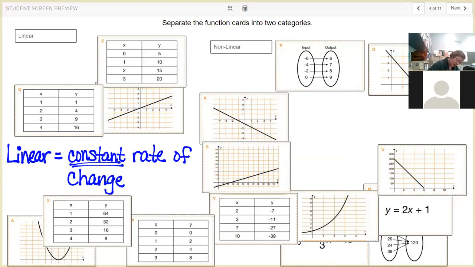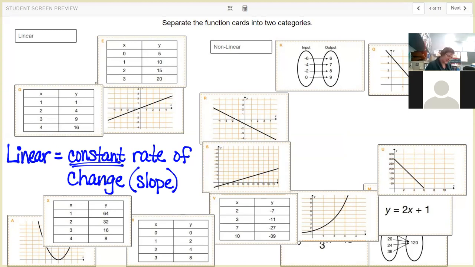We refer to a constant rate of change as the slope. If you see it changing by a constant amount, then it would be a linear function.